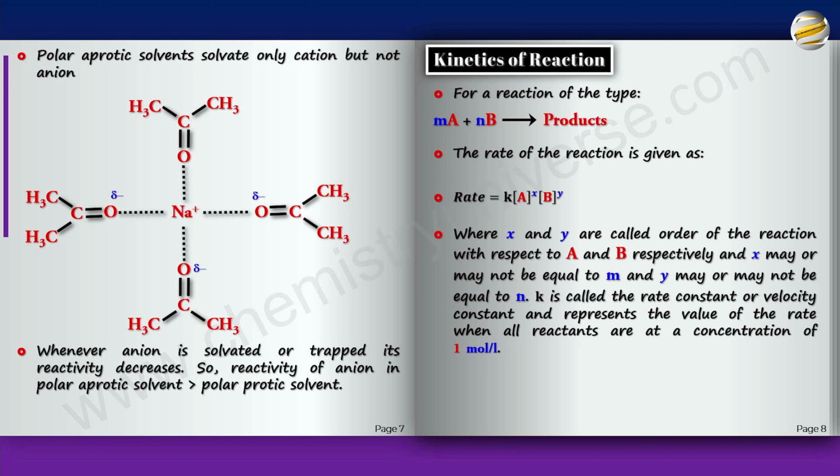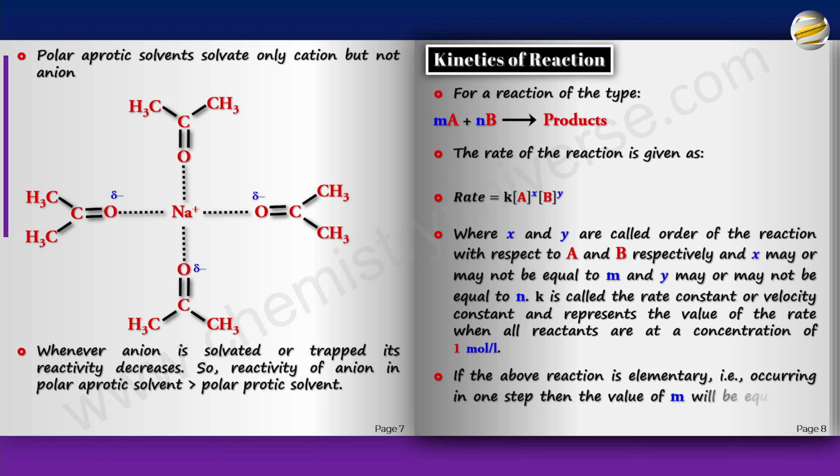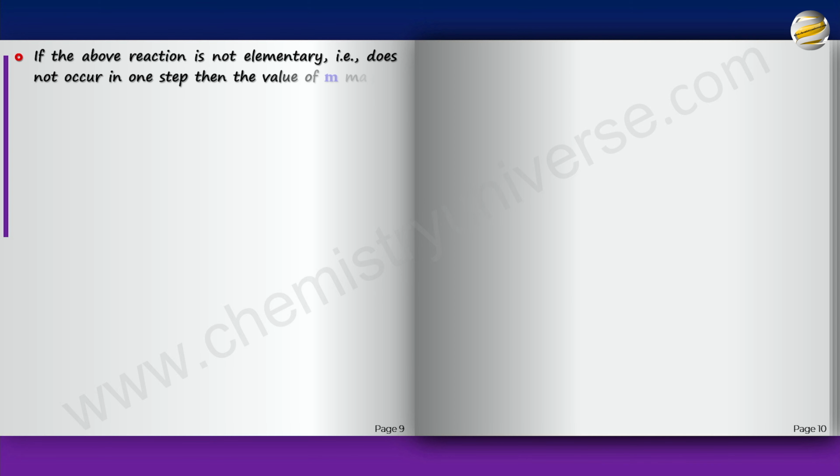So if the above reaction is elementary, that is occurring in one step, then the value of m will be equal to x and the value of n will be equal to y. But if the above reaction is not elementary, that is does not occur in one step, then the value of m may or may not be equal to x, and n may or may not be equal to y.